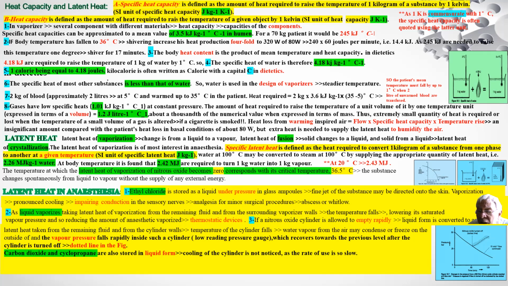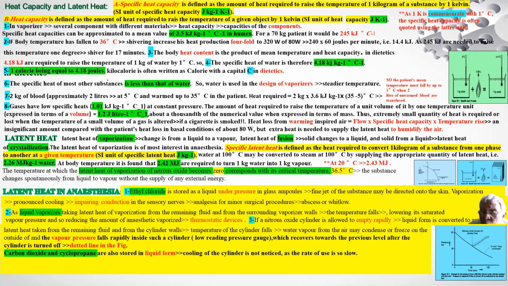Whenever I open the nitrous oxide cylinder very quickly, the transfer of liquid to gas needs too much heat. This heat is taken from the surroundings and from the liquid, and this will definitely decrease the pressure inside the cylinder over time. The way to return the pressure is closing or shutting off the cylinder, so that the pressure, as you can see from the figure, returns to its level whenever I close the valve.